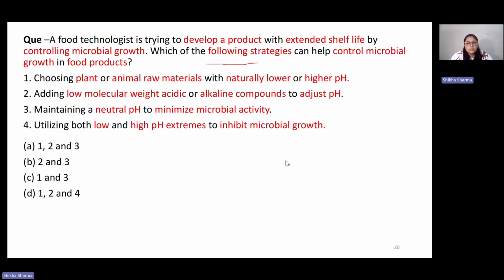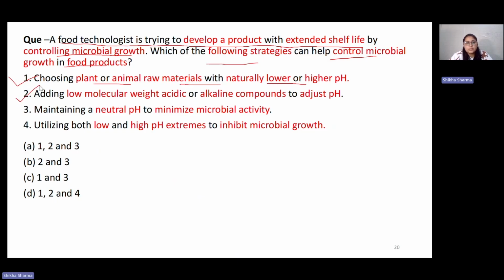So this question is about a food technologist who is trying to develop a product with extended shelf life by controlling microbial growth. Which of the following strategies can help control microbial growth in the food product? First is choosing plant or animal raw materials with naturally lower or higher pH.